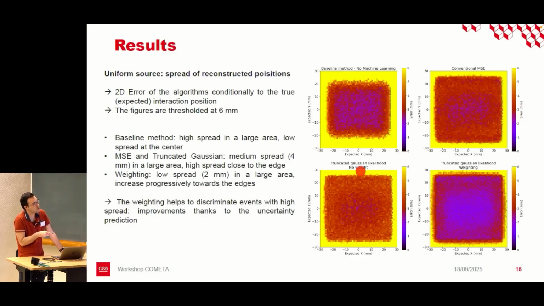Using the truncated Gaussian likelihood, we have the same effect, but by using the uncertainty, we can now apply a weight that is higher for more precise events and lower for less precise events. So we can recover a better precision, and in the middle of the detector, we have between 1 and 2 millimeters of error, which is better and corresponds to the objective.